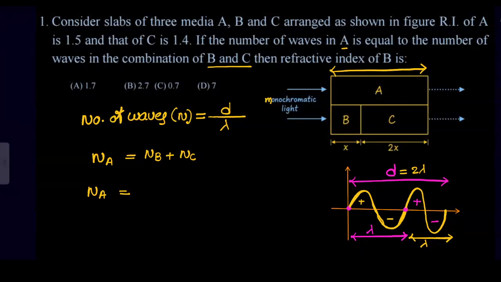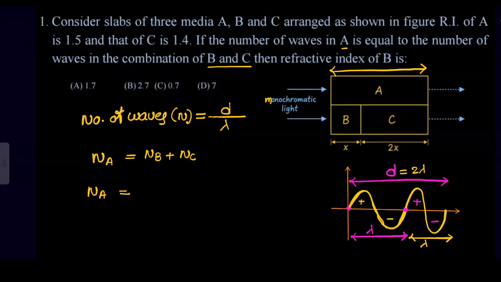What is the NA value? 1.5 is the refractive index.